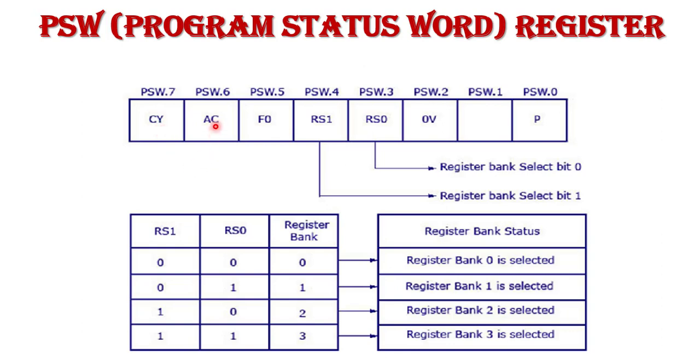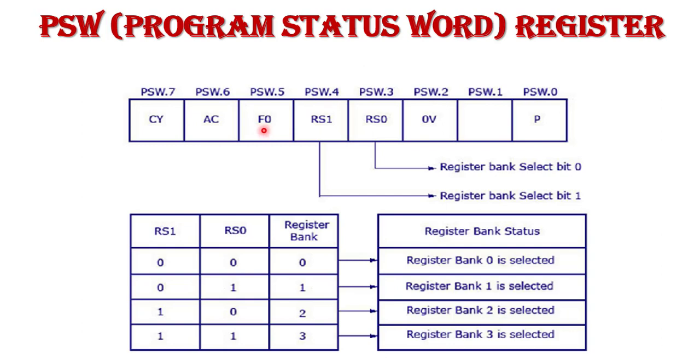Next bit is PSW 6 bit. This is allotted for the auxiliary carry flag. Auxiliary carry flag is basically used for BCD operations. In BCD operation, if a carry is generated from bit number 3 to bit number 4, then it is set, otherwise it is reset.